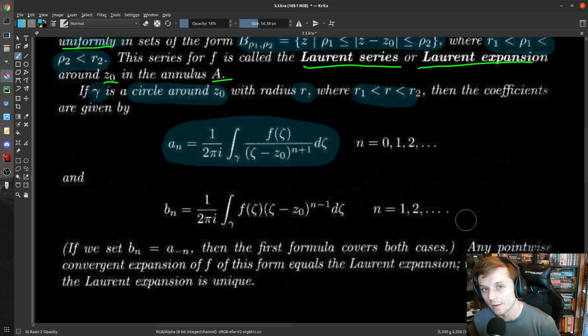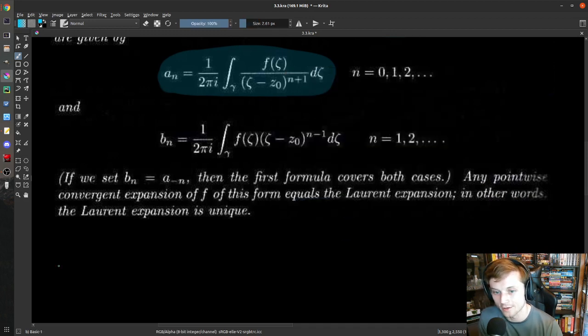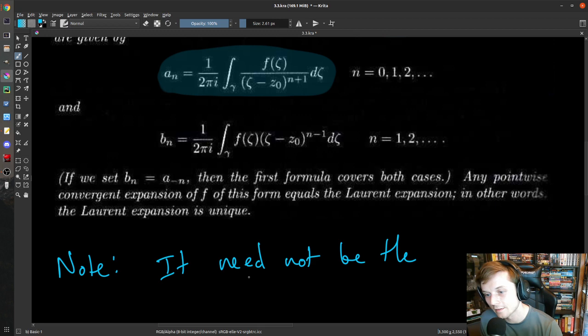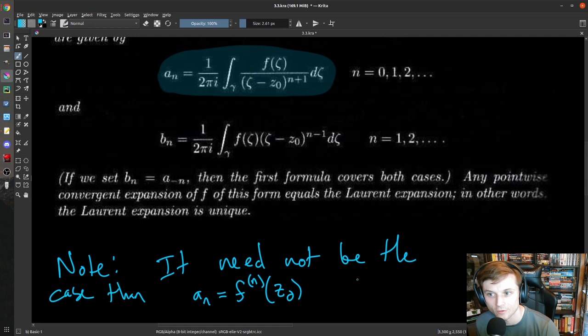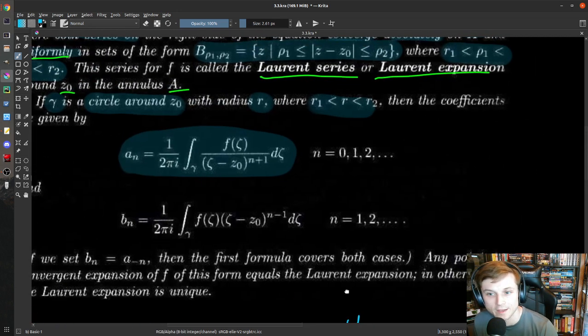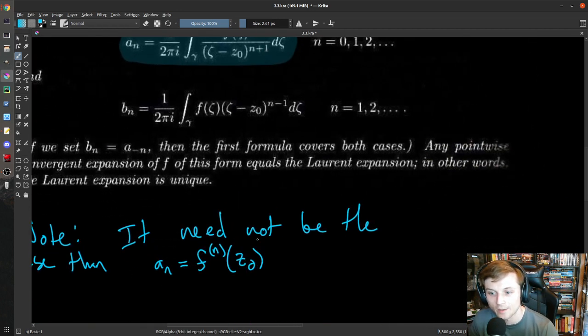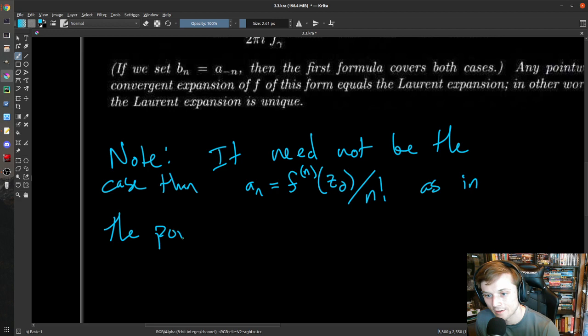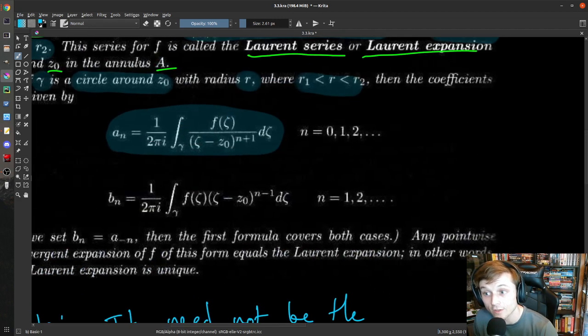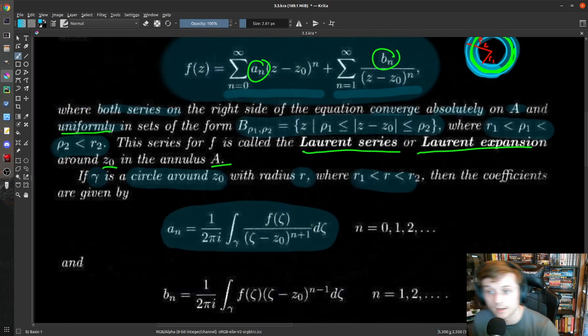But the trick here, and the thing to remember, and let me write this down over here, is that it need not be the case that a_n equals something like the nth derivative at z naught over n factorial, as in the power series. It could be, but it doesn't have to be.